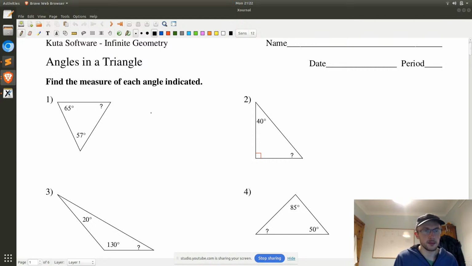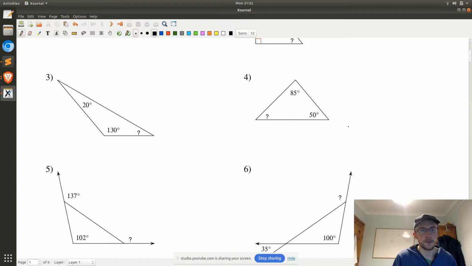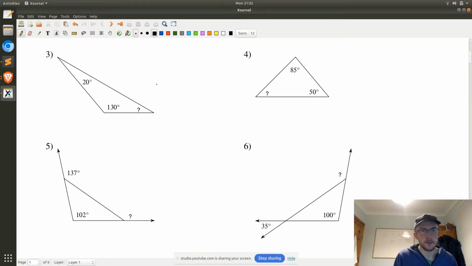And so here, these sum to 122 degrees. Take that from 180, and we have 58 degrees. And this must be 50 degrees. So, 45 degrees.